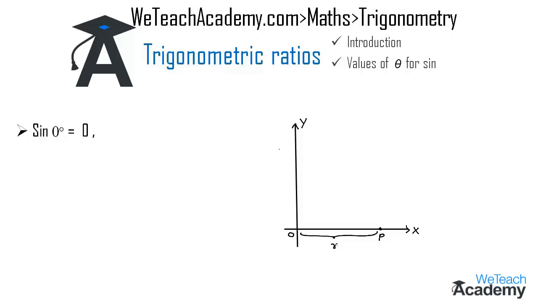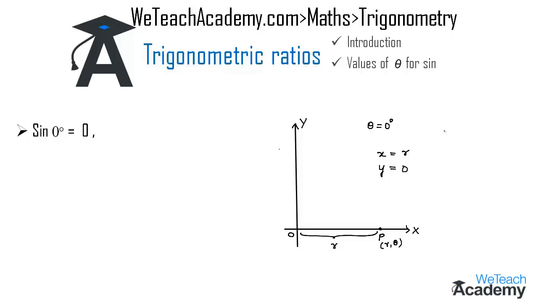So here P is a point at r distance from the origin. Then the coordinates of point P will be r comma theta. Note that OP makes an angle theta equal to 0 degrees with the x-axis. This means we get x equal to r and y equal to 0.